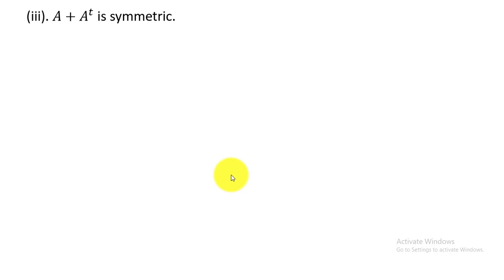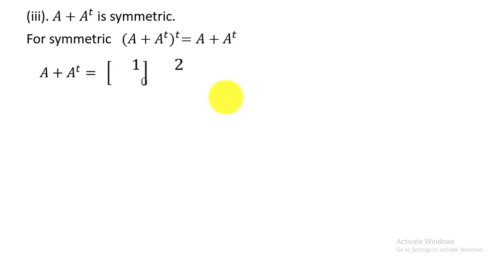In third, A plus A transpose is symmetric. For symmetric, A plus A transpose whole transpose is equal to A plus A transpose. So first, we find the sum of matrix A with matrix A transpose.